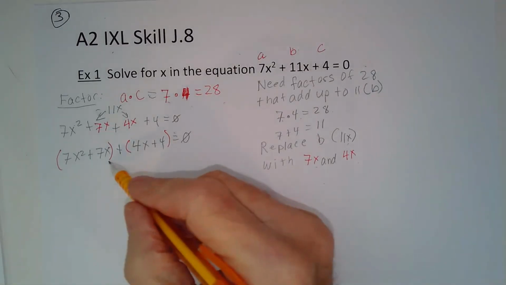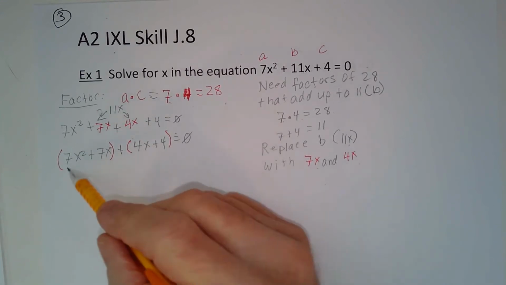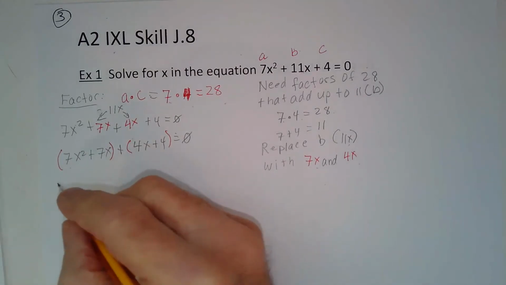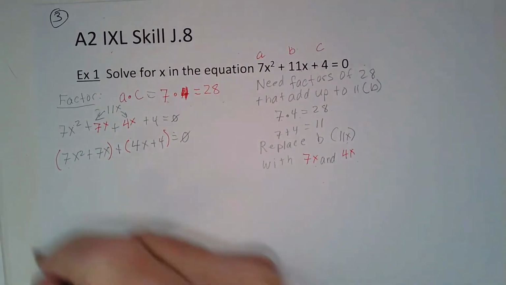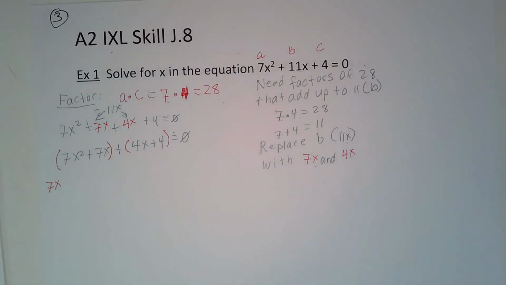So if you look at the first binomial, 7x squared plus 7x, I can factor out a 7 and an x out of each of those. So I'm going to take 7x and factor that out, which is literally dividing it out. But of course, reverse is multiplication. That's why it looks like you're multiplying 7x to, in this case, x plus 1.